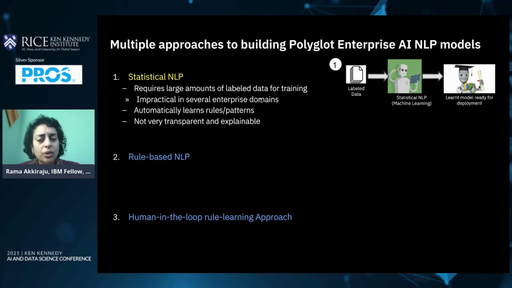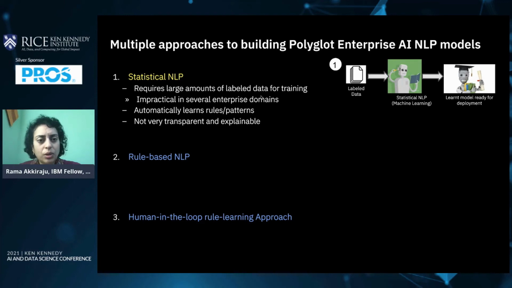So the foundational AI services that you need to build your business cases, such as a chat bot or a social media monitoring service, all require large amounts of labeled data, and it's kind of impractical to have that much labeled data in many companies.